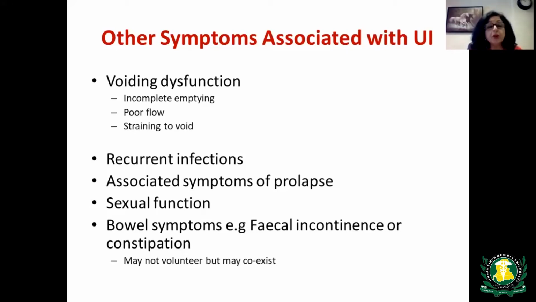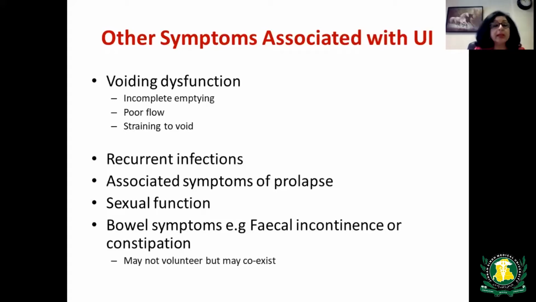And that actually is an indicator that there could be some kind of obstruction, which is not allowing the free flow of the urine. So then if they are unable to completely empty their bladder, that may lead to recurrent UTIs.